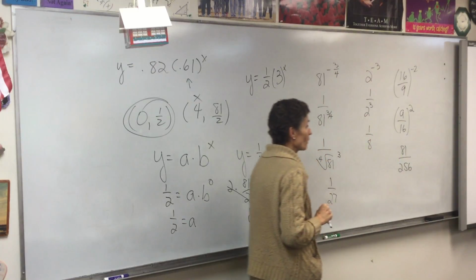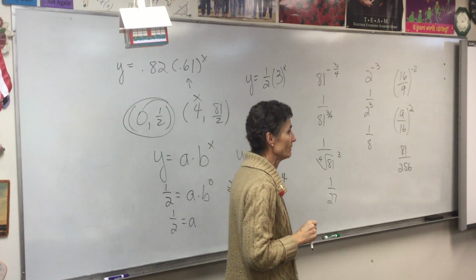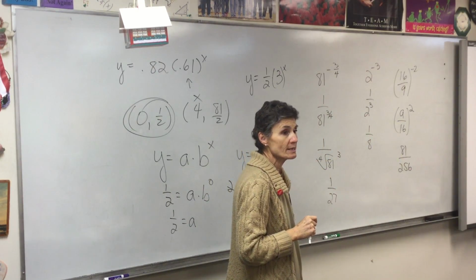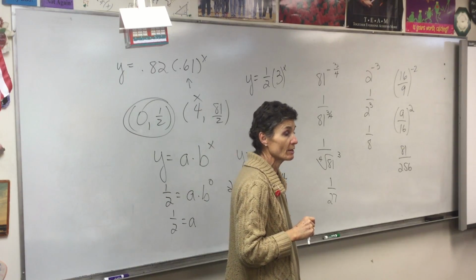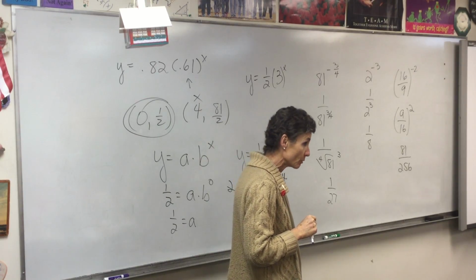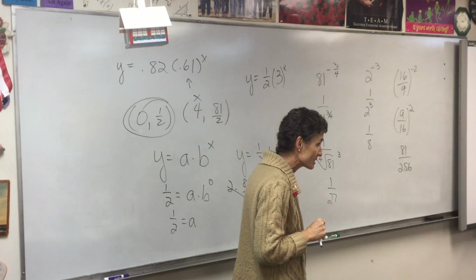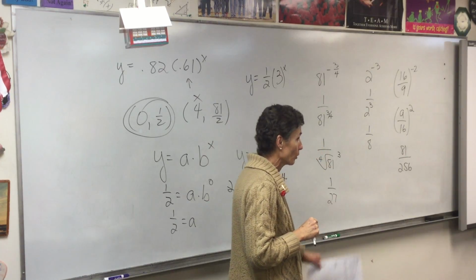Mrs. Ford has that memorized because she's ancient and does this for a living. You don't have that memorized, so if you have to do 16 squared and you don't have a calculator, what are you going to do? 16 times 16, and you're going to work it out.